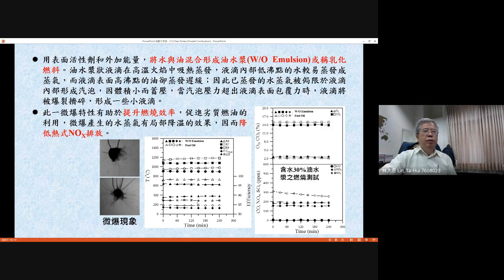We do measurements of temperature at different locations: R6, R7. R6 is, I'm sorry, R6 is very close to the injection point. That means that is where they start to inject the spray.